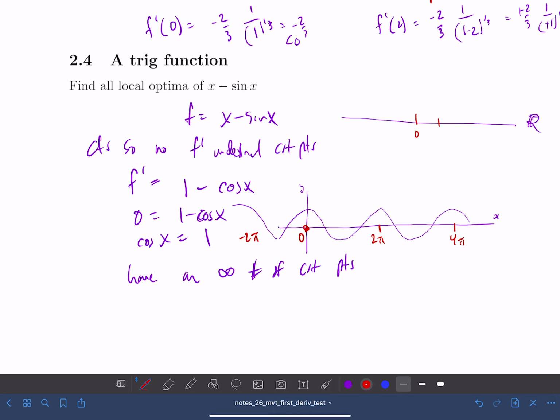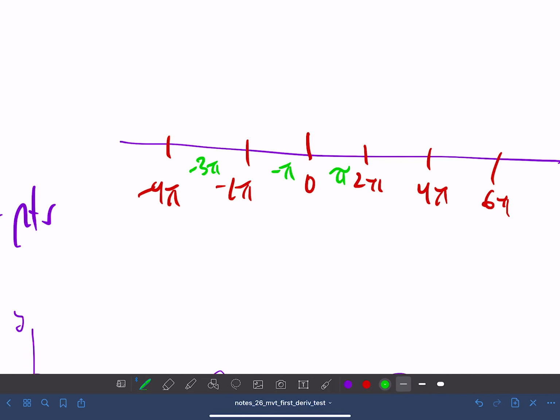I have 0, 2 pi, 4 pi, 6 pi, minus 2 pi, minus 4 pi. Let's pick some test points: minus 3 pi, minus pi, pi, 3 pi, 5 pi. Those are my test points.